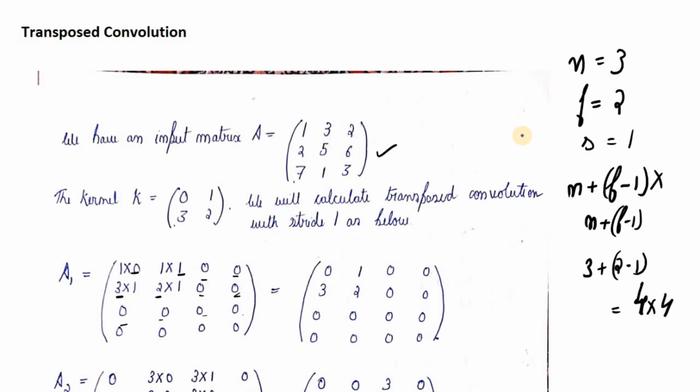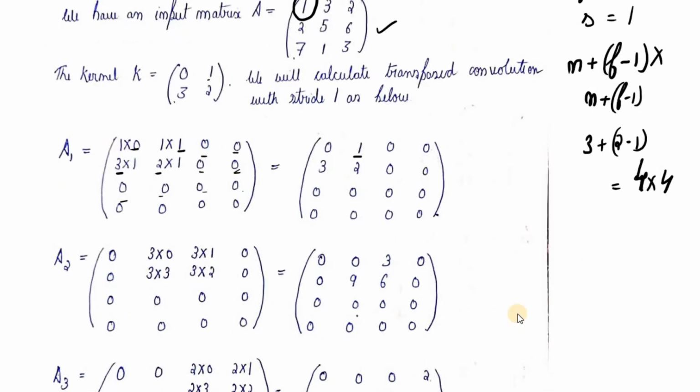Now I take the first element of the matrix A and multiply with the individual values of the kernel. I take 1, multiply with 0, I get 0. 1 multiplied with 1 gives 1. Multiplied with 3, I get 3. Multiplied with 2, I get 2. This is how I get one matrix, but I have to calculate 9 such matrices.